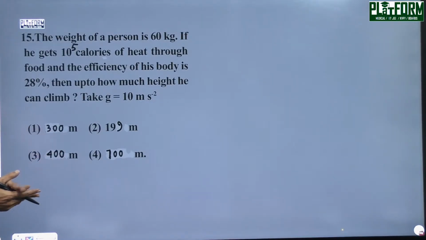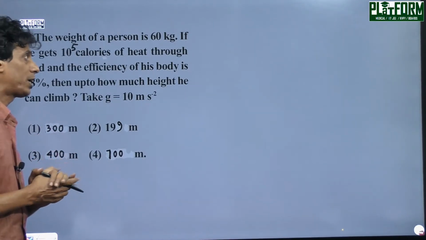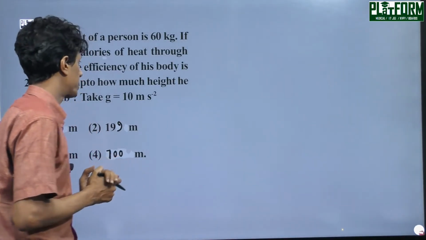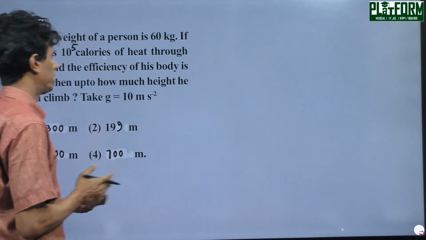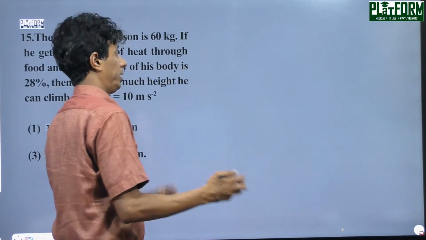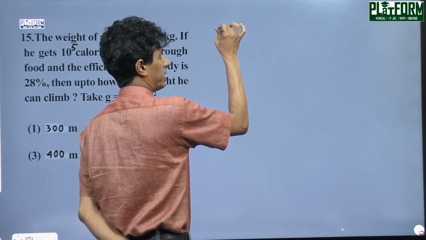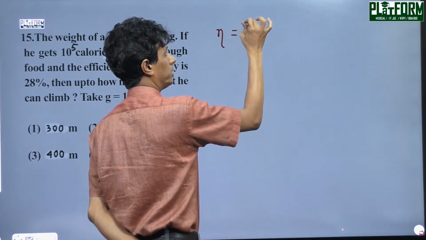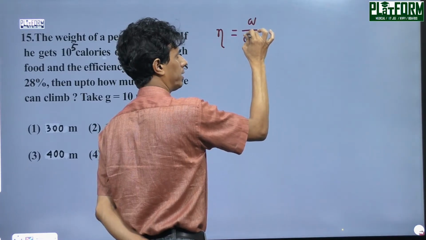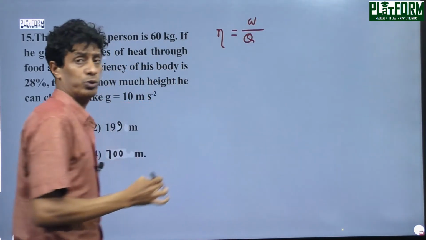So question number 15, the weight of a person is 60 kg. If he gets 10 to the power 5 calorie of heat through food and efficiency of his body is 28%, then up to how much height can he climb up? You know, the efficiency is equal to work done output by the heat energy input.